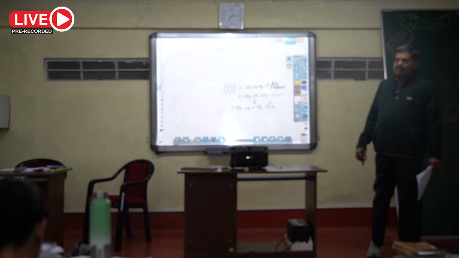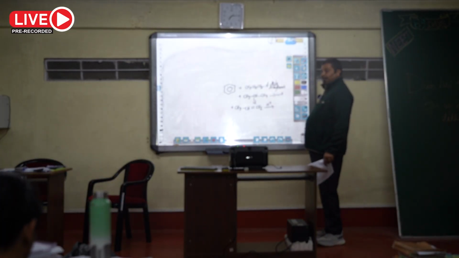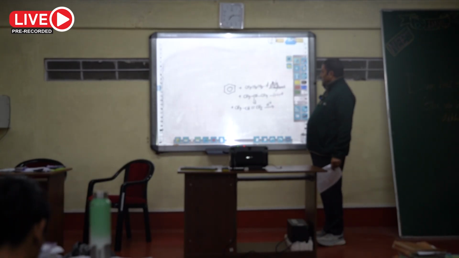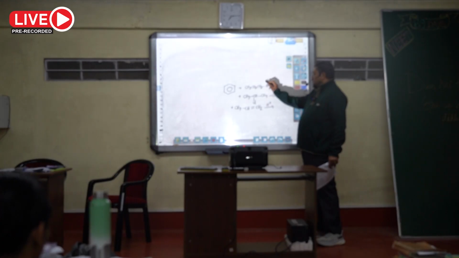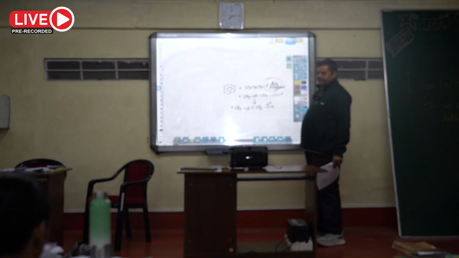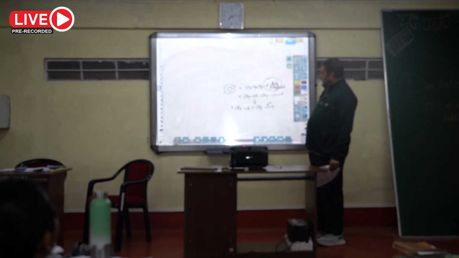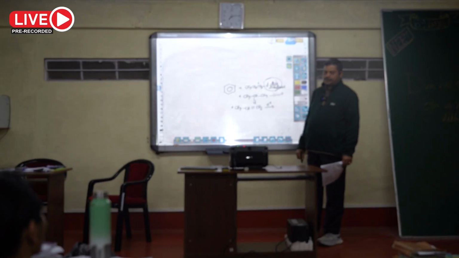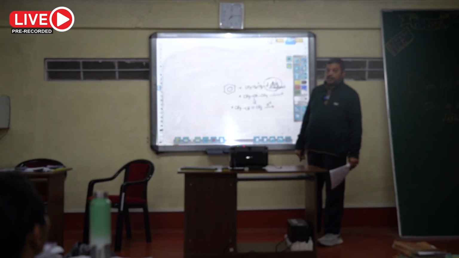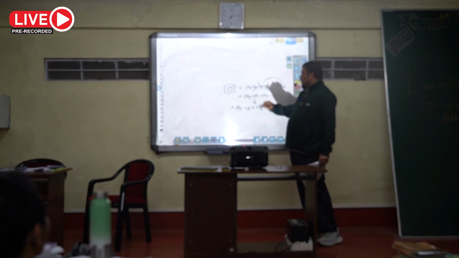So actually all these will give the same intermediate. What is the intermediate in the first one? Cl minus is taken by AlCl3 to give AlCl4 minus. You will get an n-propyl carbocation, which is a primary carbocation.